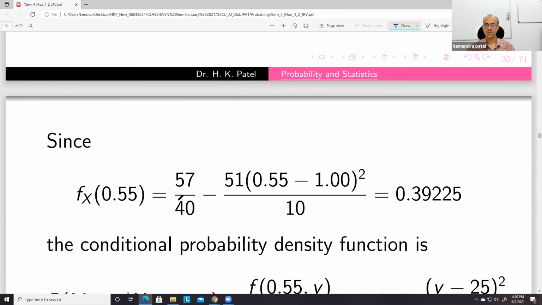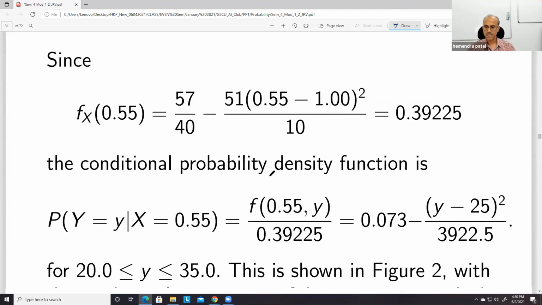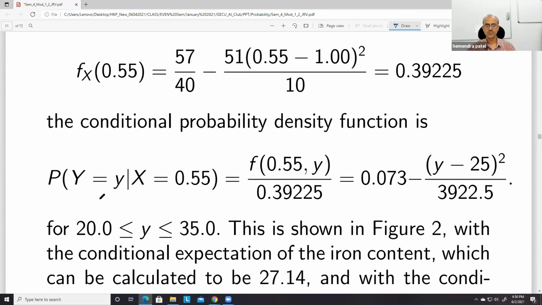So this Fx at 0.55 we can calculate, because this polynomial or function we have already calculated in the previous section. Okay, so P y is equal to y given x is equal to 0.55, this function we get, and then you can put any value of y to get the numerical value corresponding to that y.